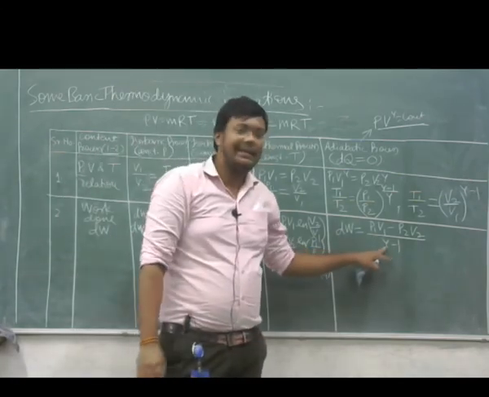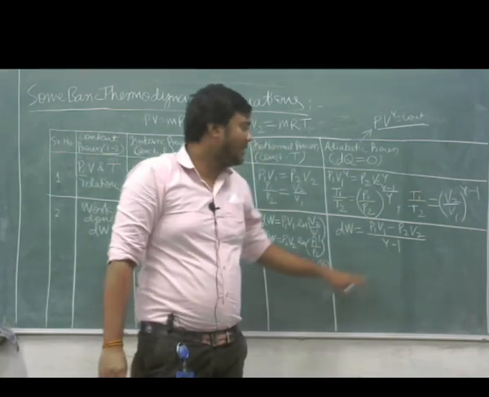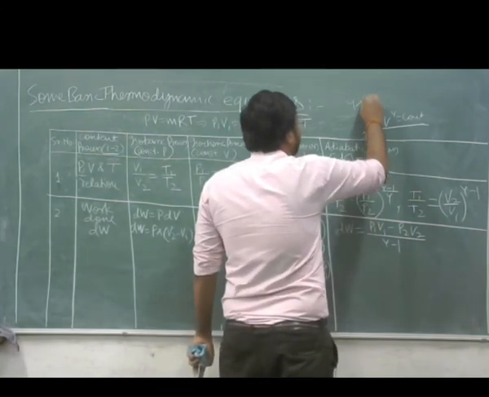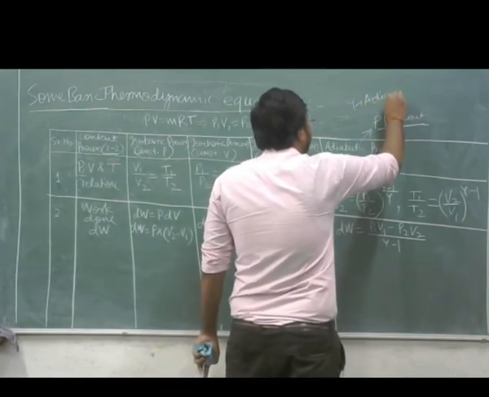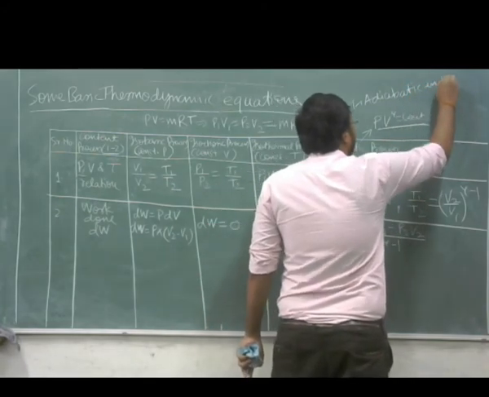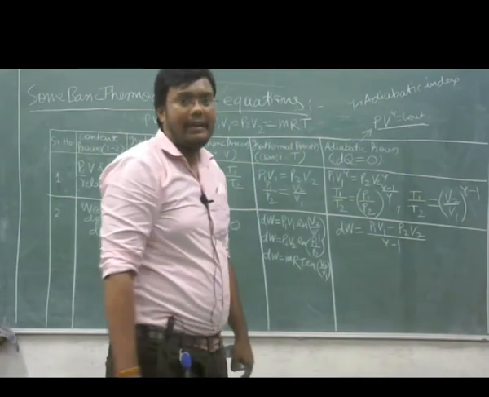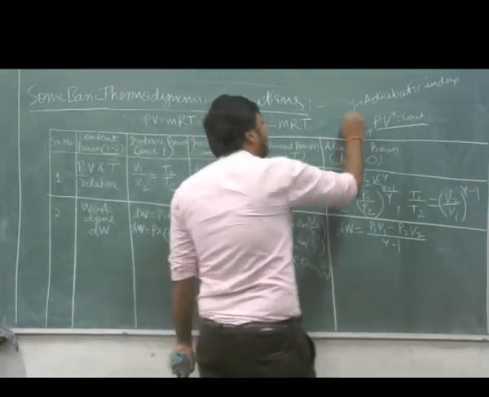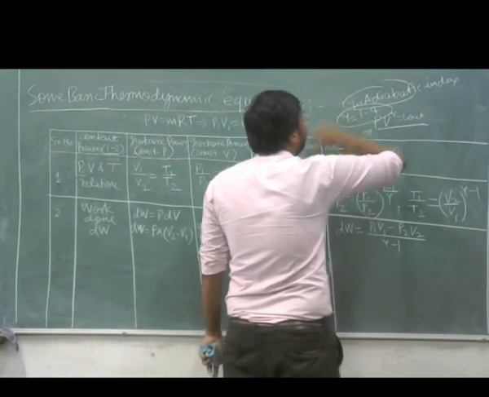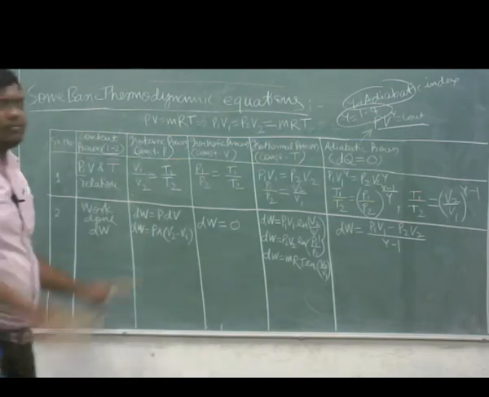Gamma is the adiabatic index. The value of gamma is always greater than 1. For air, the value of gamma is 1.4. These are the basic things you have studied already. I am only reminding you.